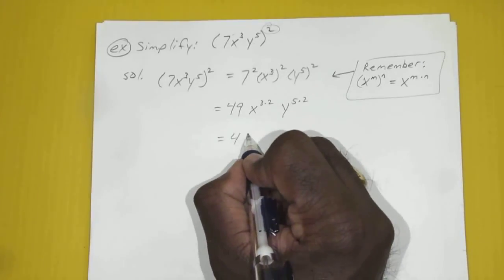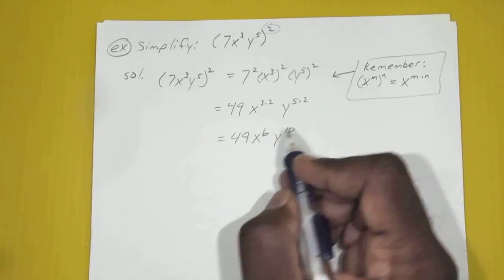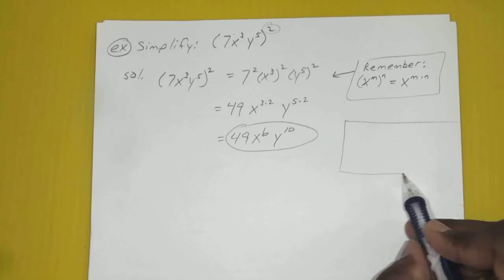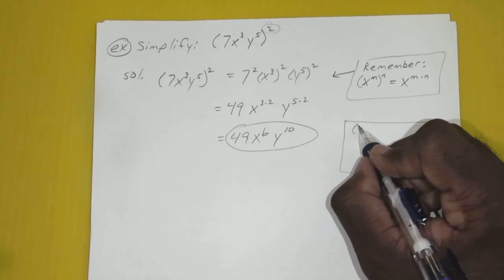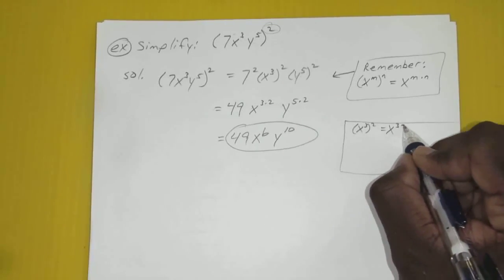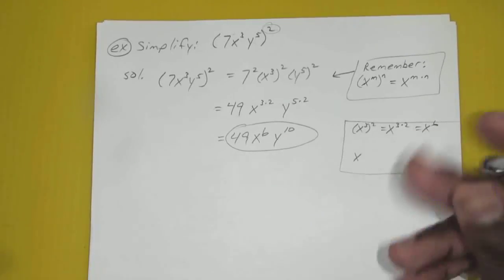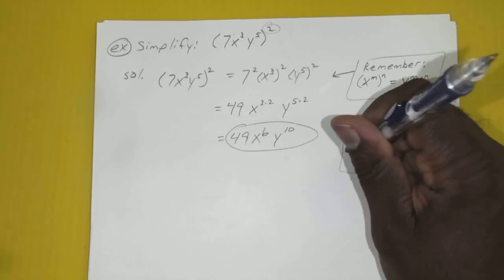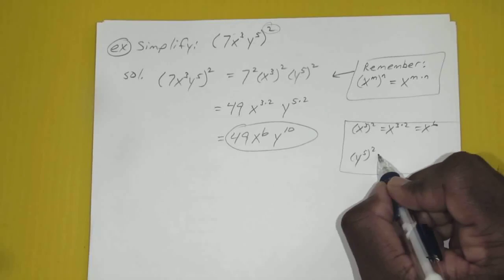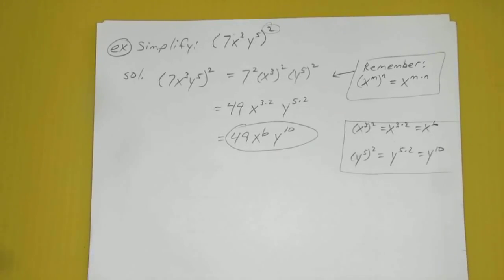Which gives us 49 x to the 6th, y to the 10th power. And just kind of write that on the side. X to the third squared is x to the 3 times 2. And y to the 5th squared is y to the 5 times 2, which is y to the 10th. So just a little side note.